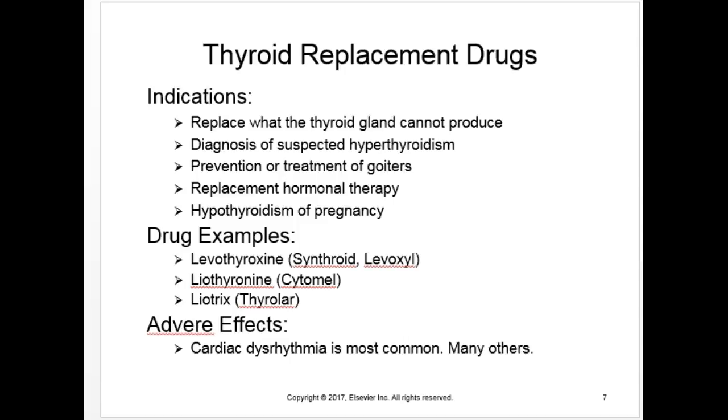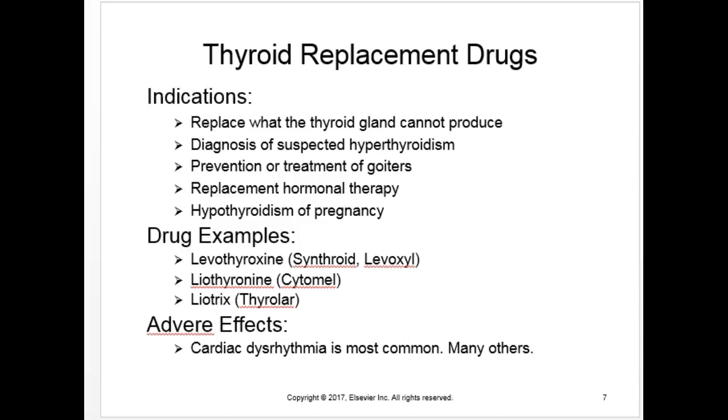So they're used to replace what the thyroid can't produce. They're also used if somebody has a suspected hyperthyroidism, where it'll help diagnose it. It'll prevent goiters from growing. So you can get more than one goiter, and it can prevent them.